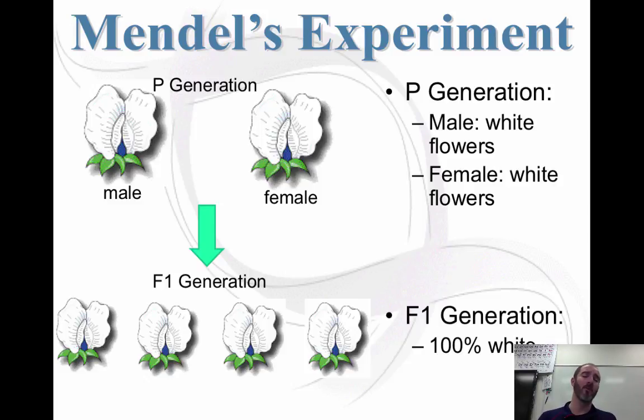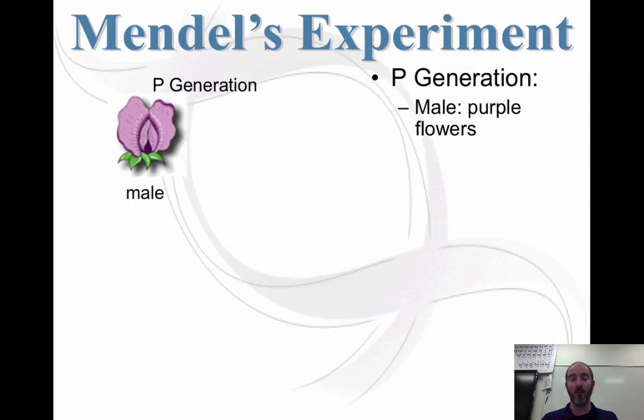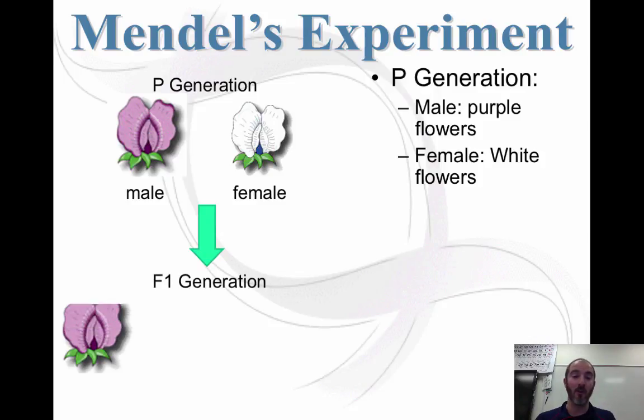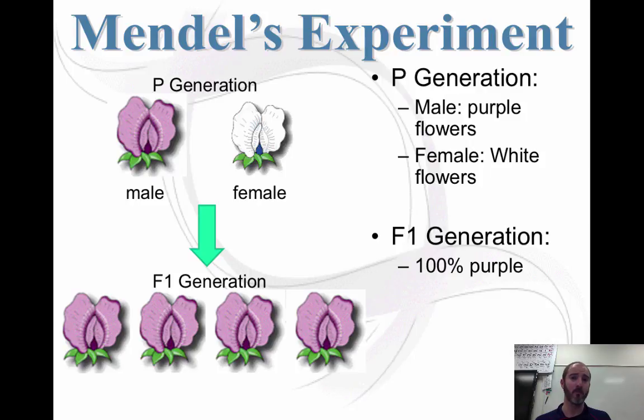So what if we were to actually cross the purple flower with the white flower? What would be the result? All right, so that would be his next round of testing. So we take the pollen from purple flowers, and we deposit them onto the white flowers to pollinate them. And the F1 generation results in, well, surprisingly, 100% purple flowers.